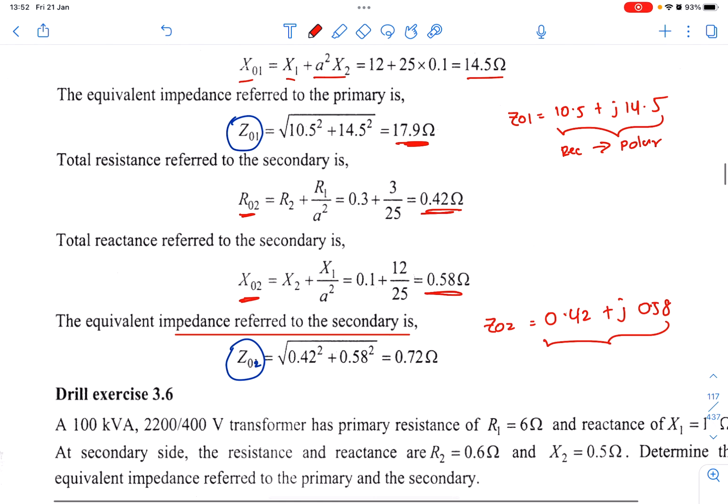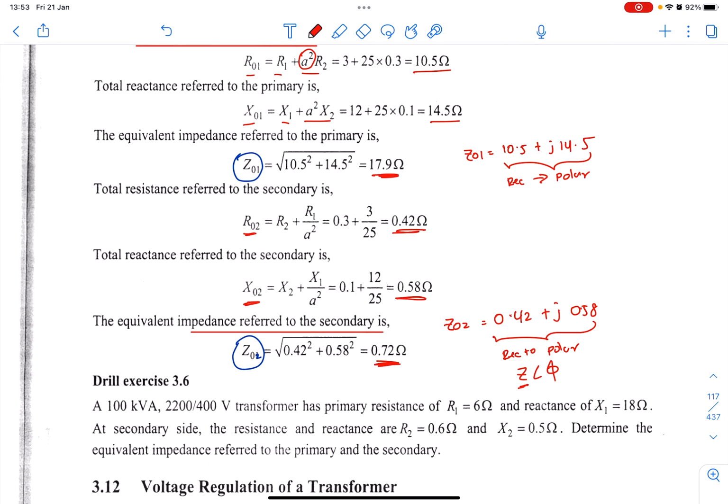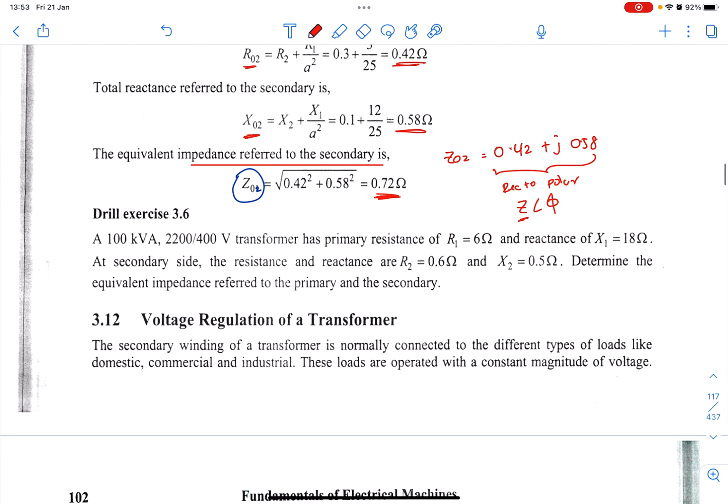So if you convert this to polar, you can get the Z and the angle. So this is your Z. So you can try the drill exercise 3.6 for your practice. So that is the end of our lecture for week number 1.